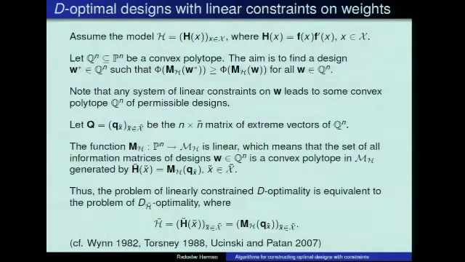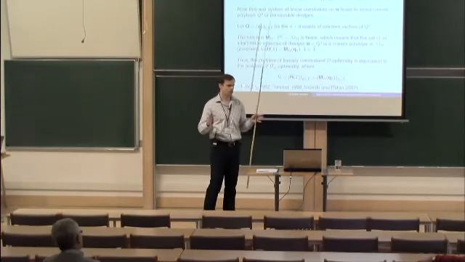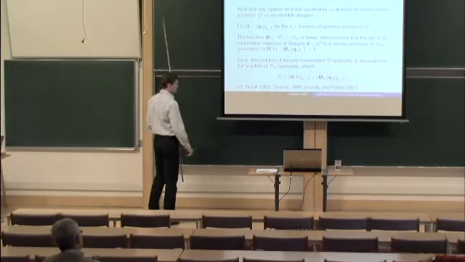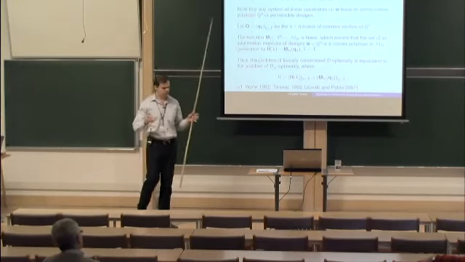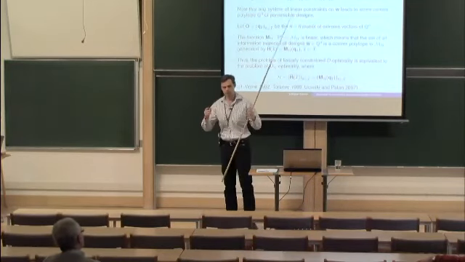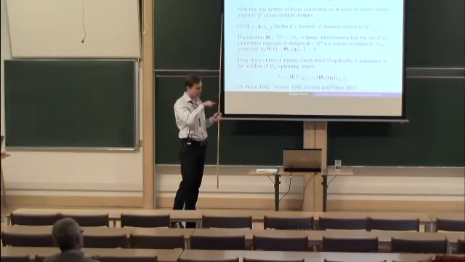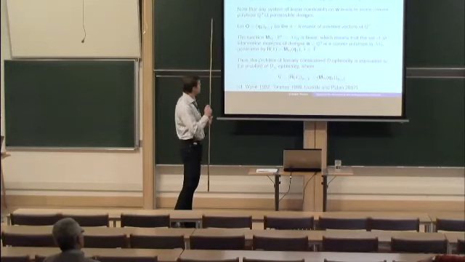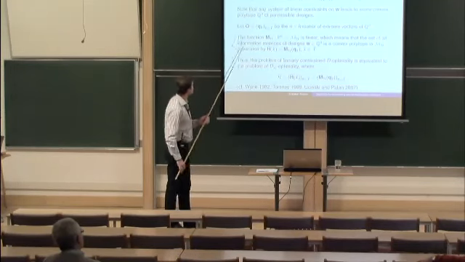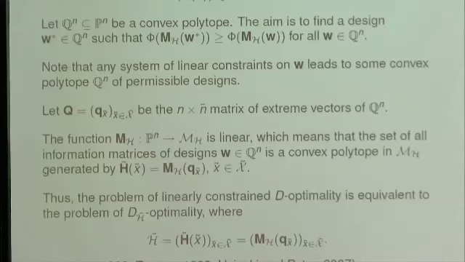Why am I talking about convex polytopes? It's because all linear constraints on weights define a convex polytope in the space of designs. So any inequalities of the kind like the space of feasible solutions for linear programming, that is of the type matrix A times W is less or equal to b, they amount to defining some convex polytope in the space of designs.